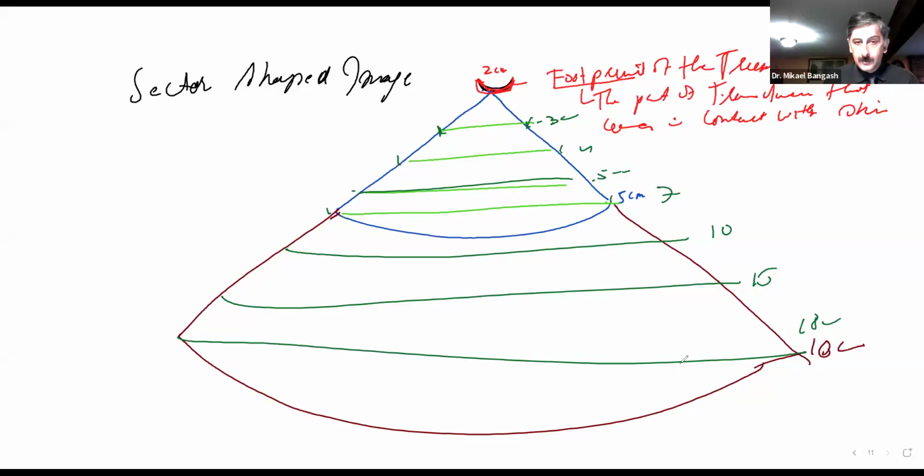Okay, guys, any questions? So this was your sector shape image.